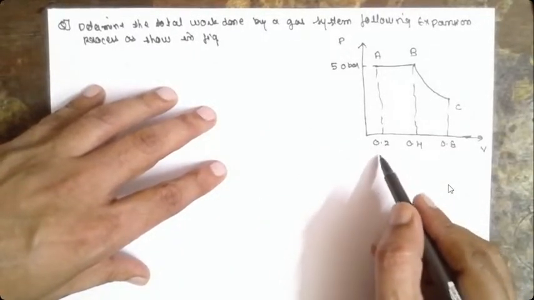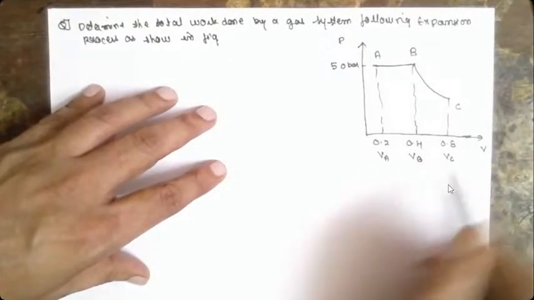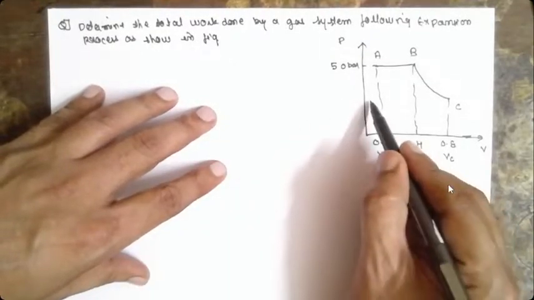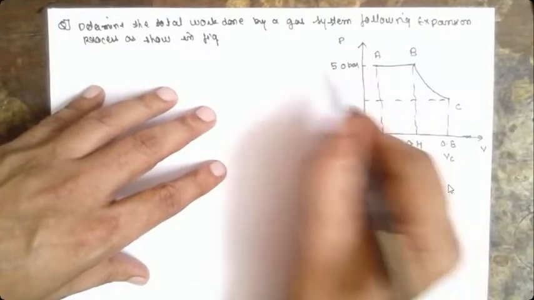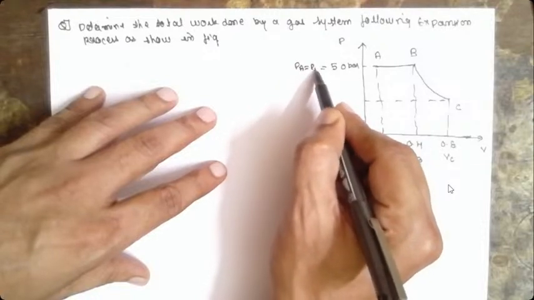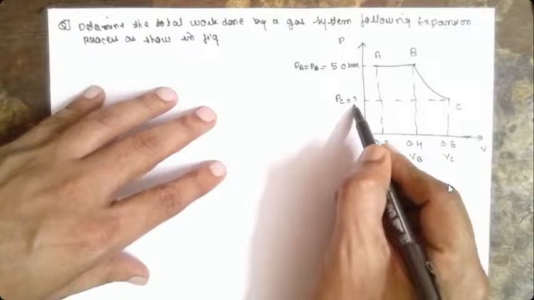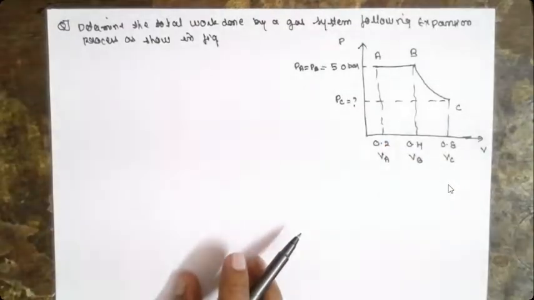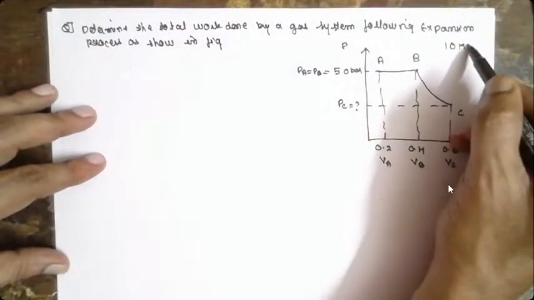Let us consider the volumes as VA, VB and VC. Here PA is equal to PB, and PC is a question mark. This is the diagram they have given in the VTU exam for 10 marks.